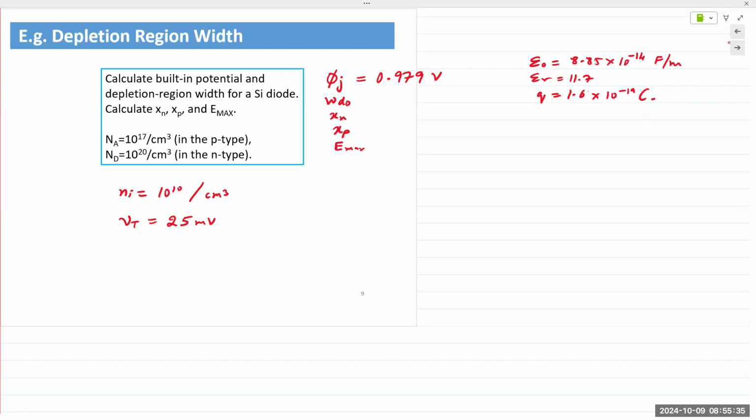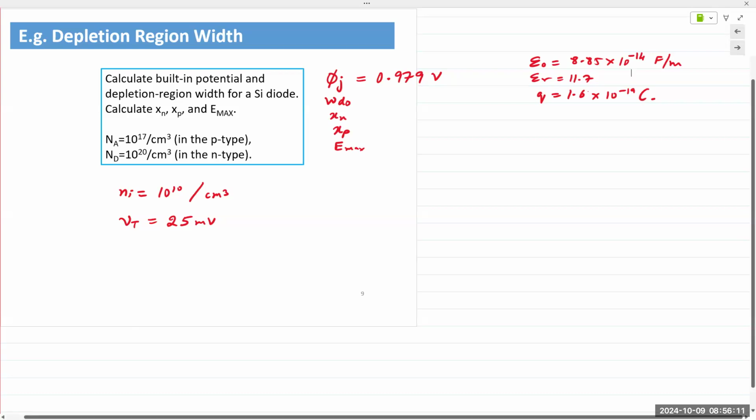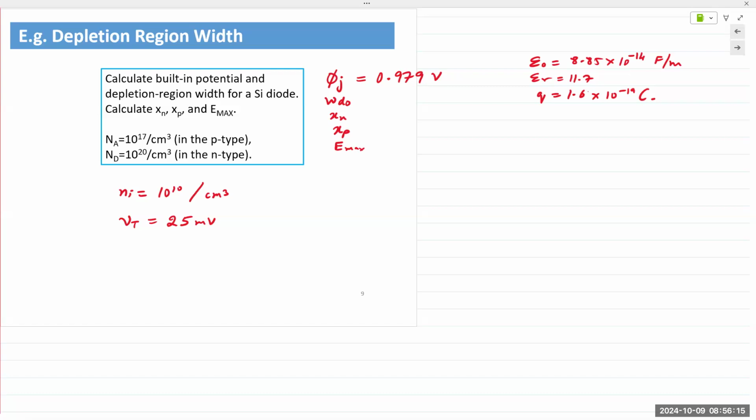Anyone? No answers? 1.126 times 10 raised to minus 5.